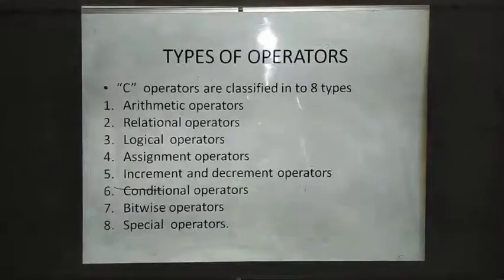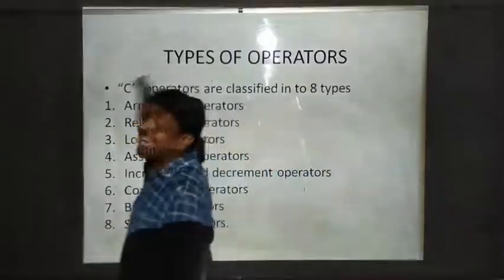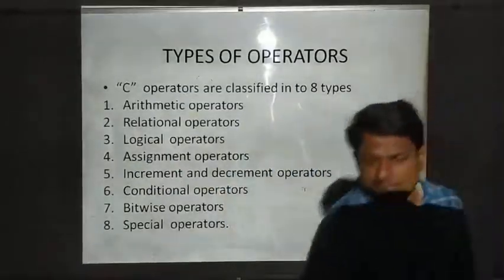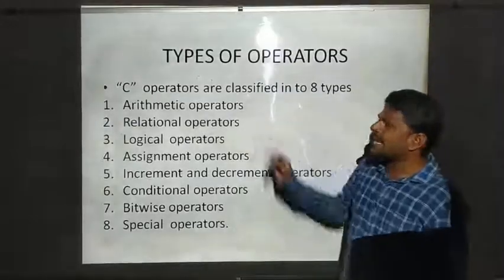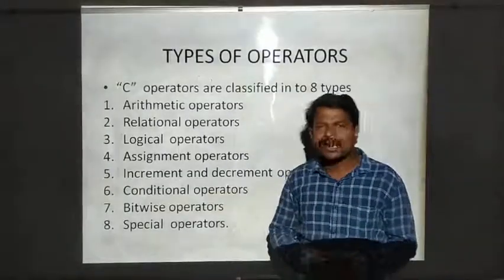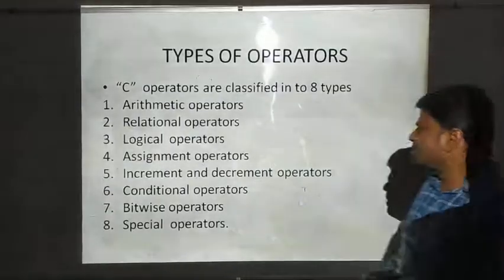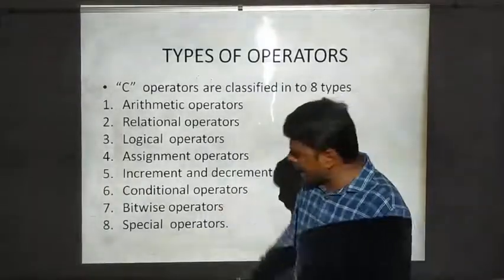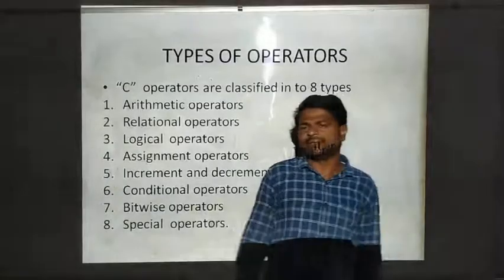Types of operators. In the C programming language, we have 8 types of operators: arithmetic operators, relational operators, logical operators, assignment operators, increment and decrement operators, conditional operators, bitwise operators and special operators.